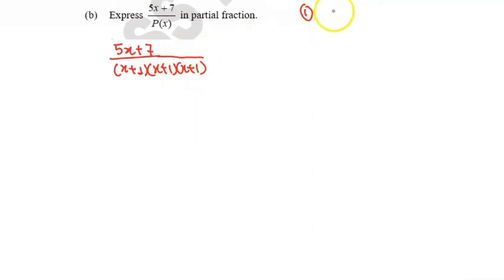The first step of partial fraction, we check if this fraction is proper or improper. Yes, the numerator is linear and the denominator is a cubic, so this is proper. Then second step, we check if the denominator is factorized completely. Yes, already factorized completely.